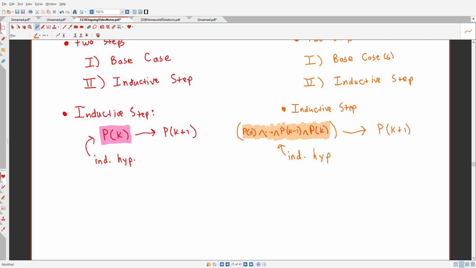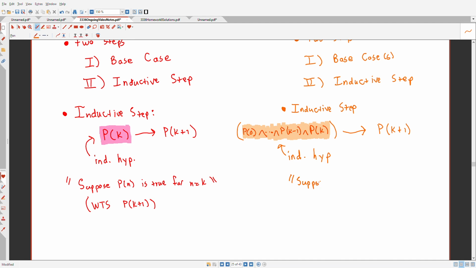And so the way this sounds, right, in regular induction, this inductive step would say something like, suppose P of n is true for n equal to k, and then we want to show that P of k plus 1 is true. Right? This is how we might word this part of our inductive proof. But now, if we're using strong induction, the way we would word it is like this.